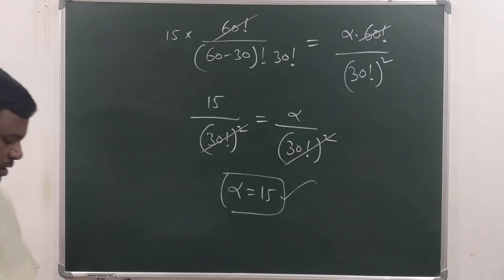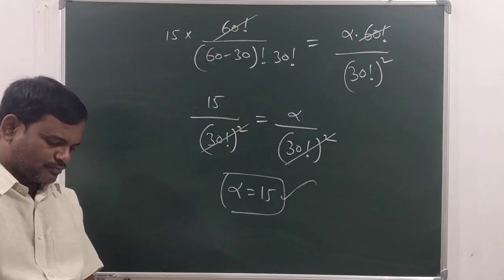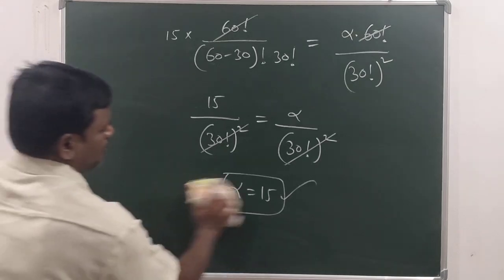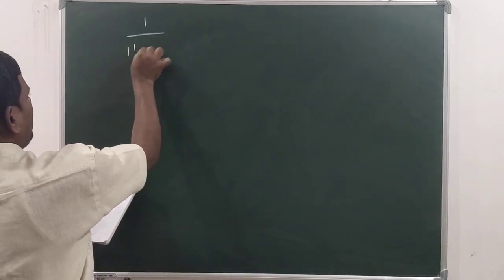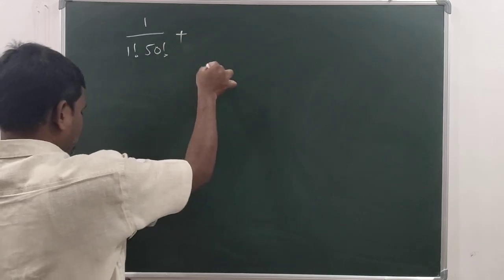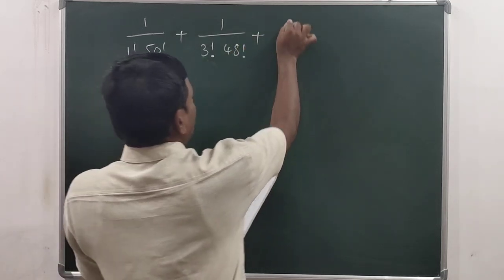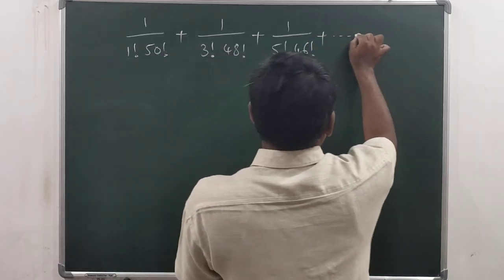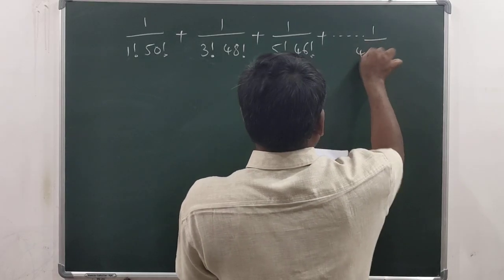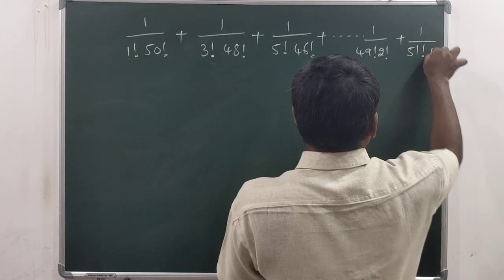Next students, now let us go to one more application. See this. 1 by 1 factorial into 50 factorial plus 1 by 3 factorial into 48 factorial plus 1 by 5 factorial into 46 factorial and so on, 1 by 49 factorial into 2 factorial plus 1 by 51 factorial into 1 factorial.